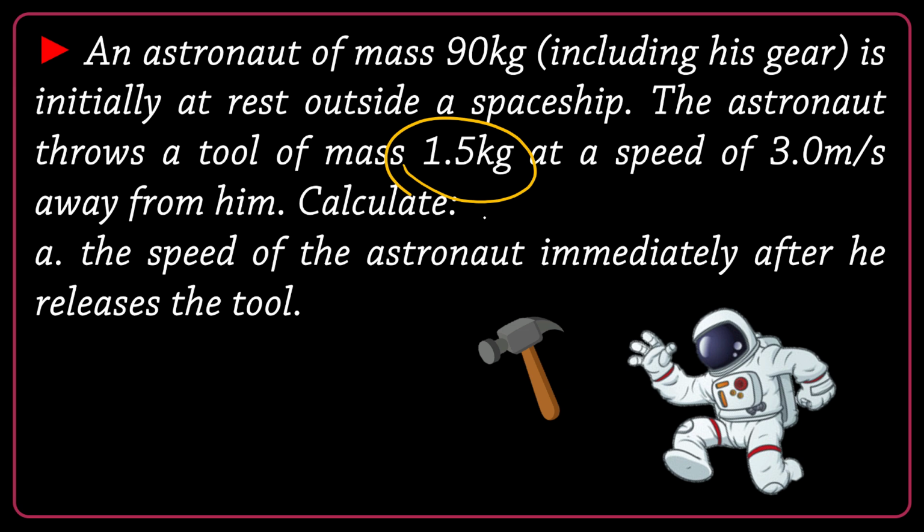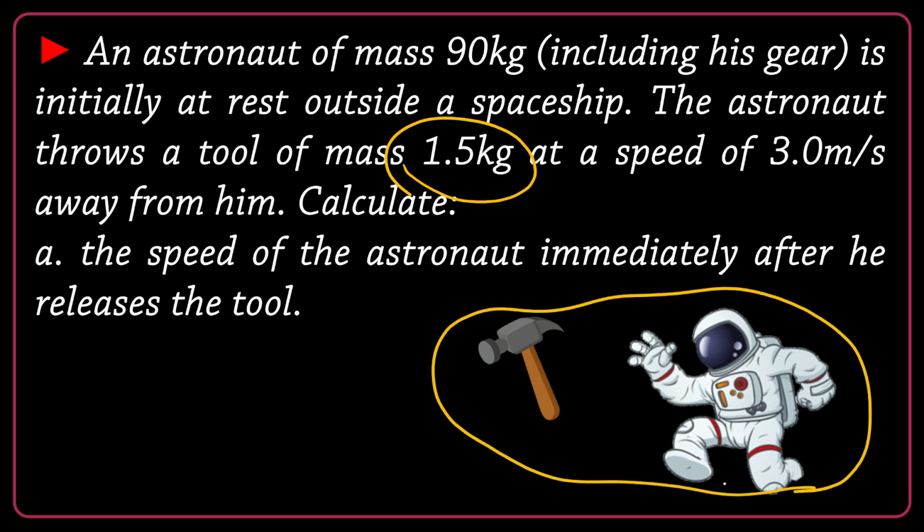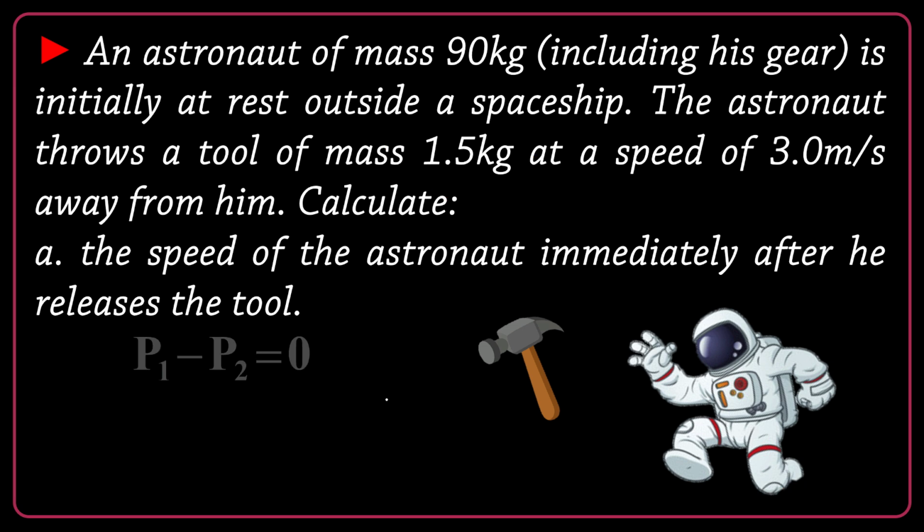You know what happens if the astronaut is acted on by no external force. This system will have no change in momentum. So whatever momentum is gained by the hammer, the astronaut also will gain the same momentum.